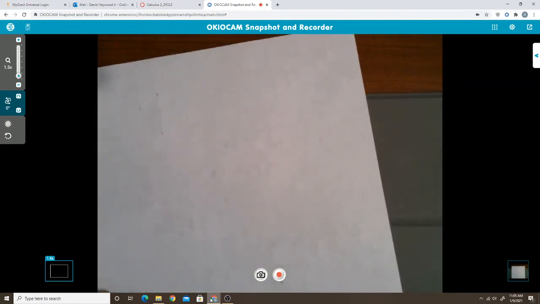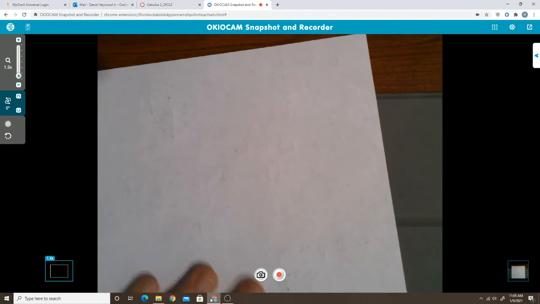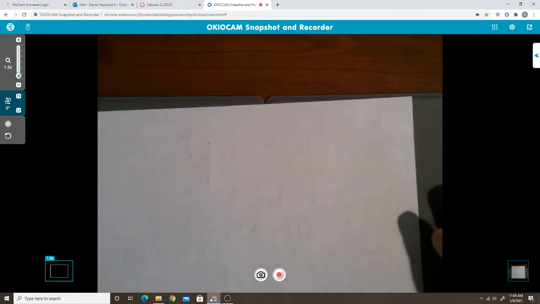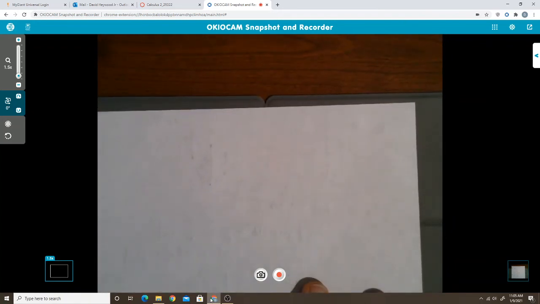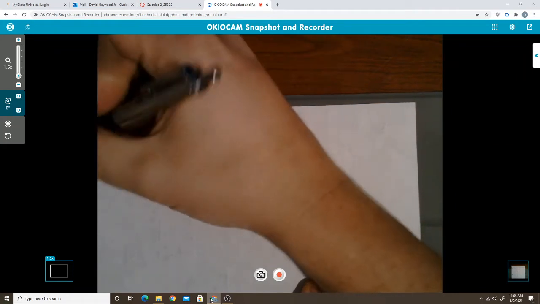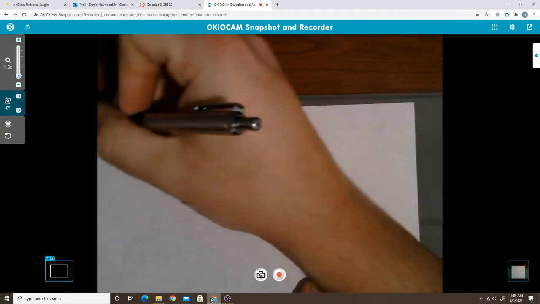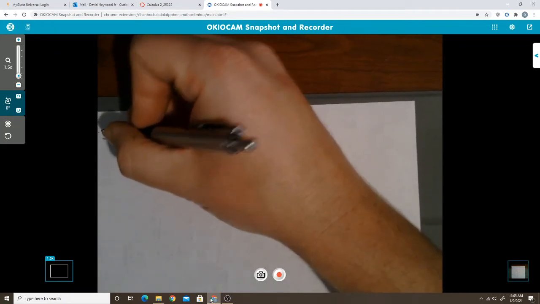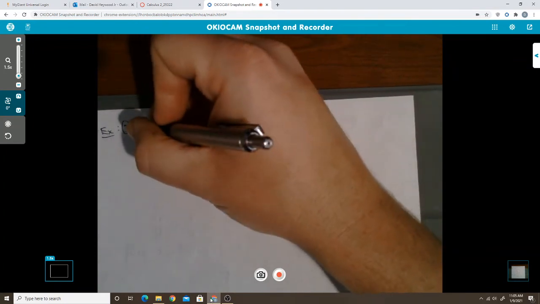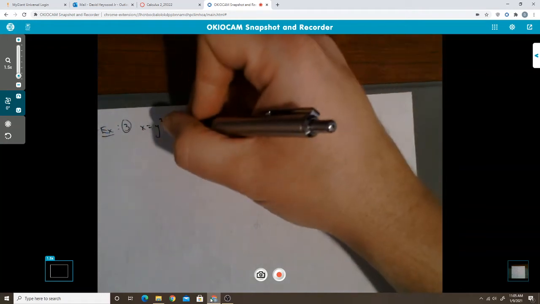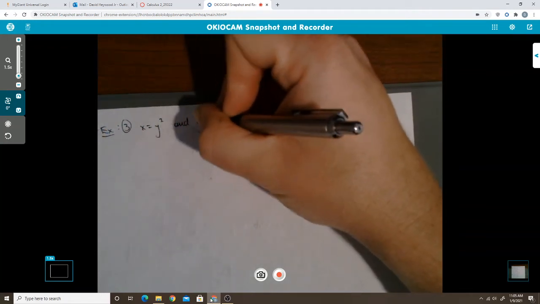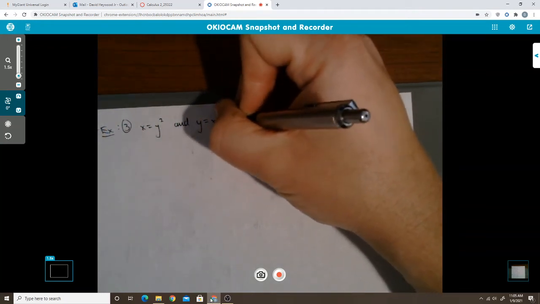For me, it's just helpful to see what's going on, so I'm going to draw the graphs. So we have x equals y squared and y equals x minus 2.